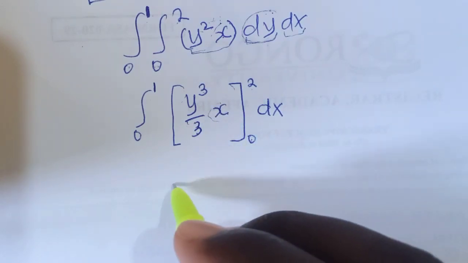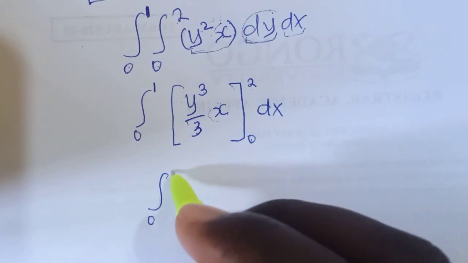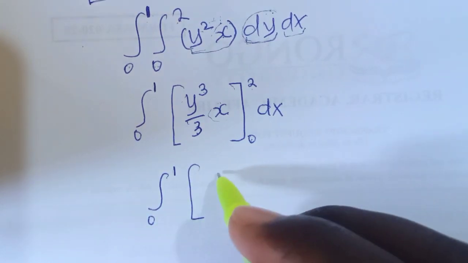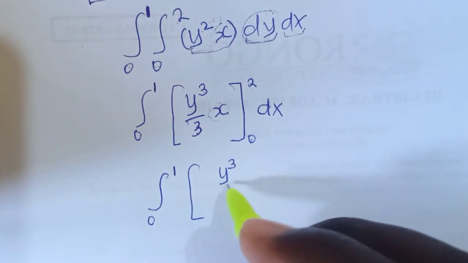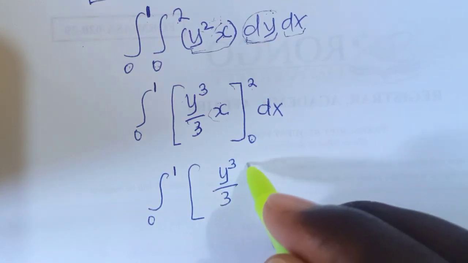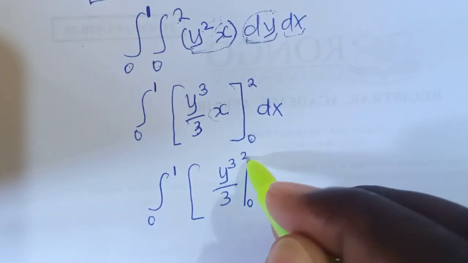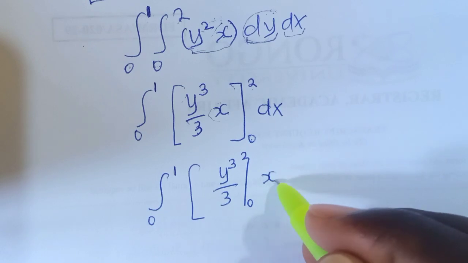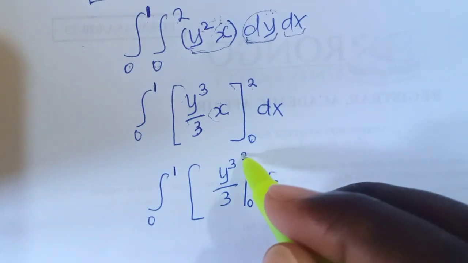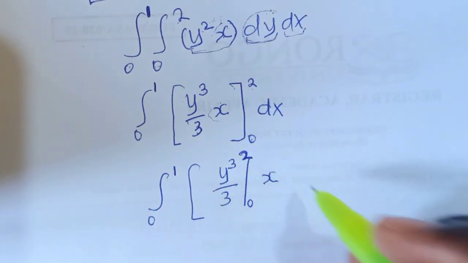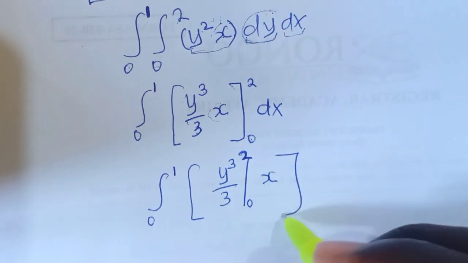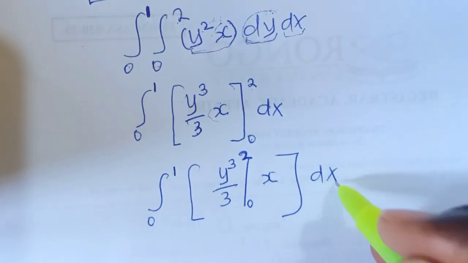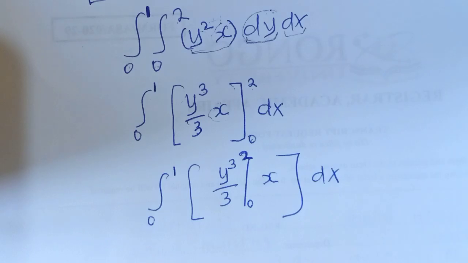That means I will have the integral from 0 to 1 of y cubed over 3 from 0 to 2, then x as constant, then dx.